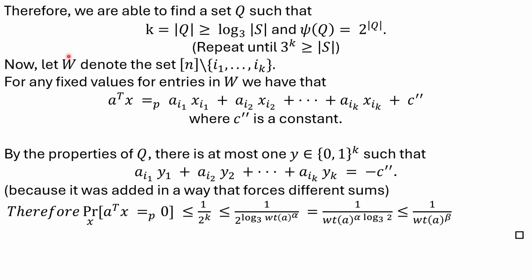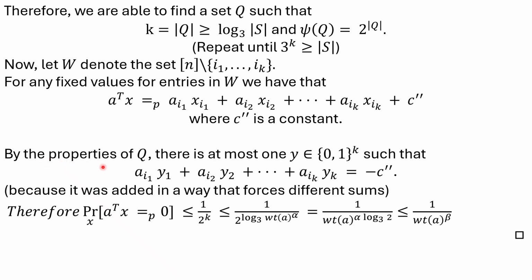Now, let W denote the set N, excluding the indexes I1 until Ik. For any fixed values for entries in W, we have that A transpose X is equal to AI1 XI1 until AIk XIk, plus C, a new constant that represents the sum of all the indexes that are not included from I1 to Ik.